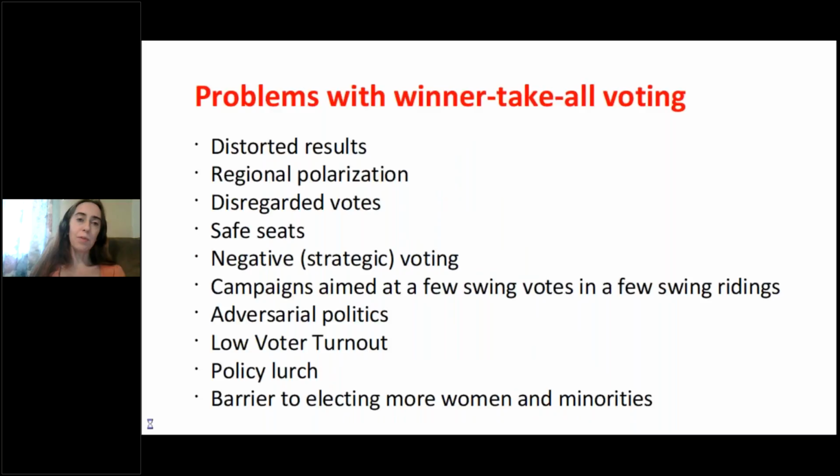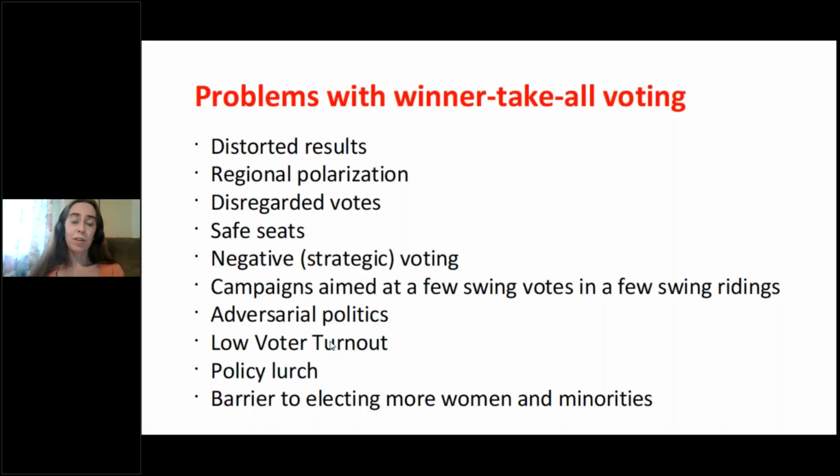So just to sum up about first past the post, some of the problems we have here, and I wasn't able to touch on all of them today because I want to give Steve lots of time: distorted results, regional polarization, adversarial politics, which many of us have difficulty with, when 2 parties who have a lot in common end up spending more time attacking each other because they're all fighting for that same voter.